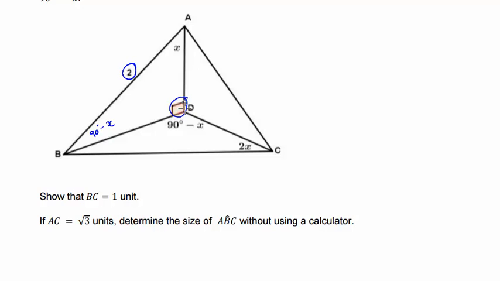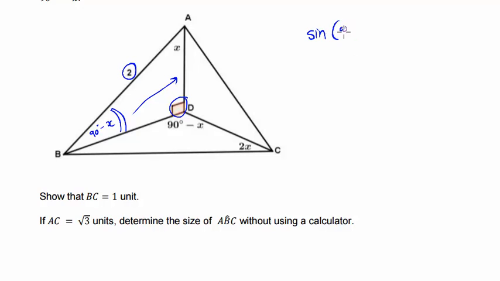So for example, if I wanted to know how long AD is, I see, well, I want AD. I have AB. So I'll use opposite. So this will be my angle. I want opposite over hypotenuse. That is sine.